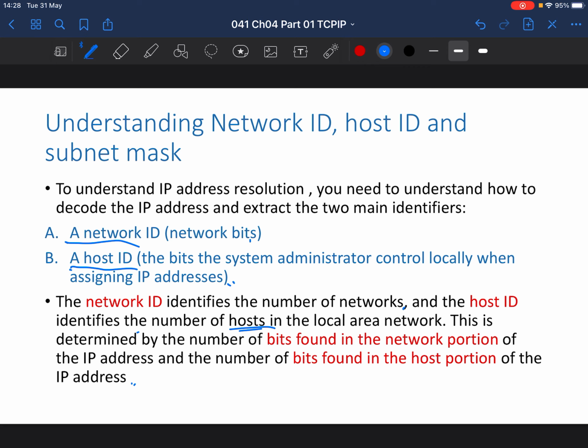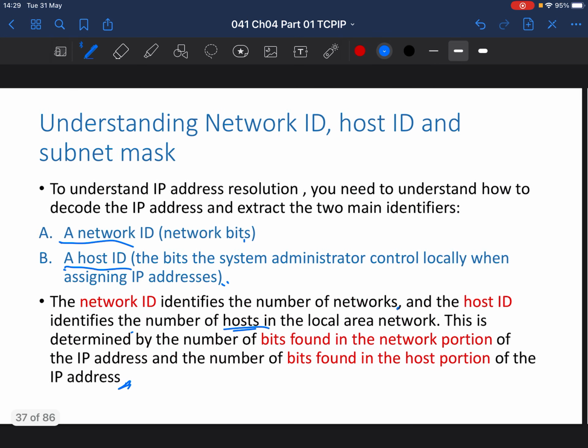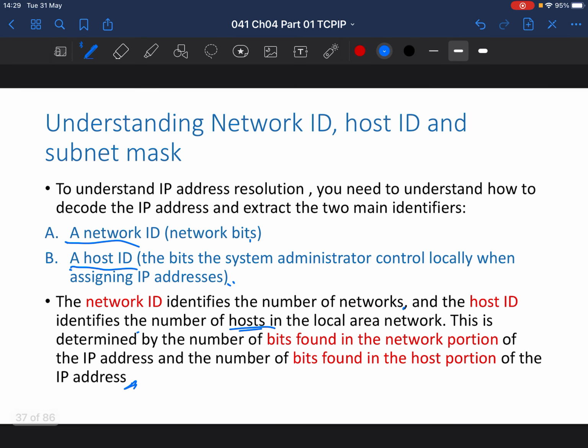This is determined by the number of bits found in the network portion of the IP address and the number of bits found in the host portion. So we have understood what the network ID and host ID are on the address.